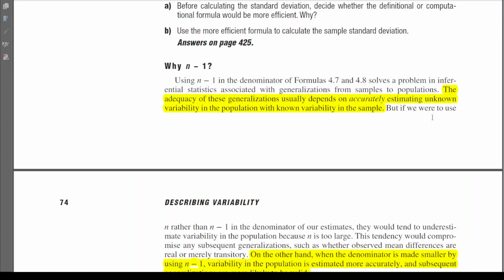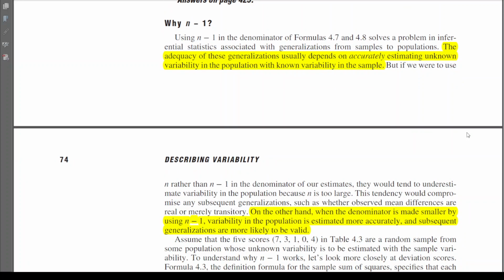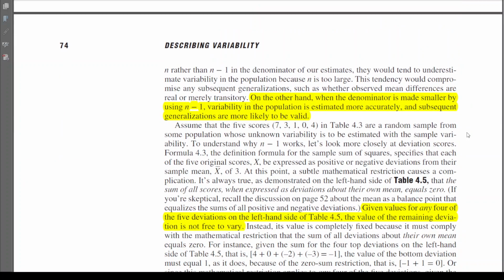The adequacy of these generalizations usually depends on accurately estimating unknown variability in the population with known variability in the sample. But if we were to use n rather than n minus 1 in the denominator of our estimates, they would tend to underestimate the variability in the population. This tendency would compromise any subsequent generalizations, such as whether observed mean differences are real or merely transitory.